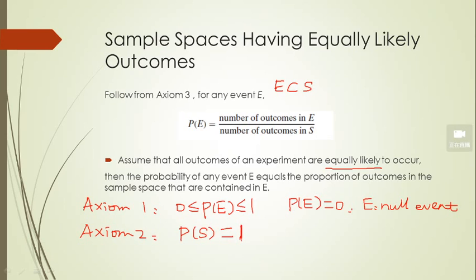And by the way, the number of outcomes in the sample space is not 0. The sample space cannot be a null event if you are talking about an experiment. An experiment should have outcomes that occur with uncertainty, so there should be some outcomes. The number of outcomes in the sample space can never be 0.